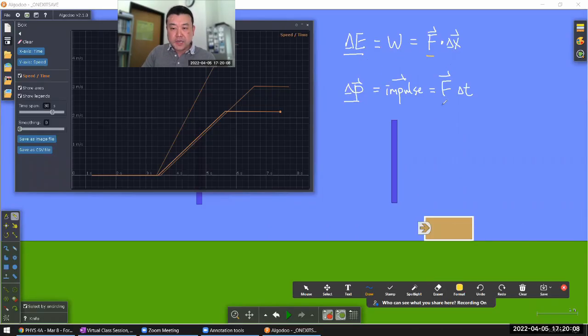Given the same amount of force, if you want the amount of energy change to be the same, then you would keep the displacement the same. If you want the change of momentum the same, then you would keep the duration of time the same. And as you change other quantities like mass, or what other forces might be present, keeping the distance the same doesn't necessarily mean keeping the time interval the same.